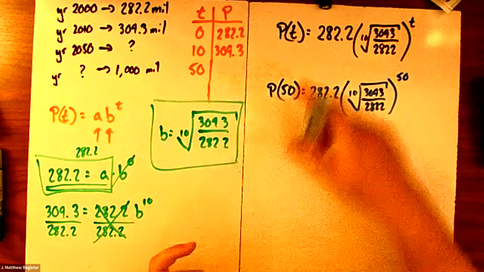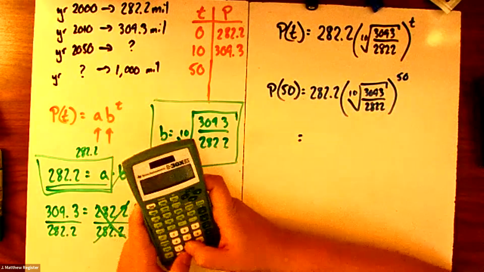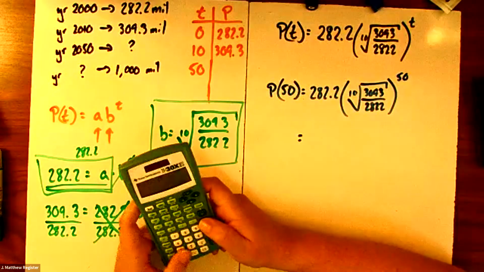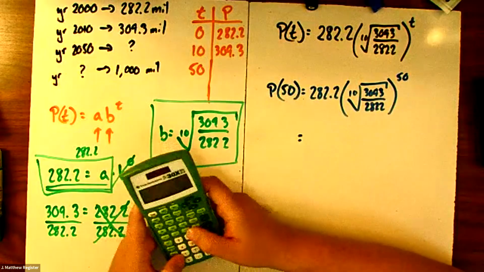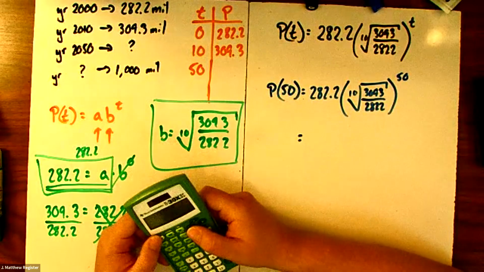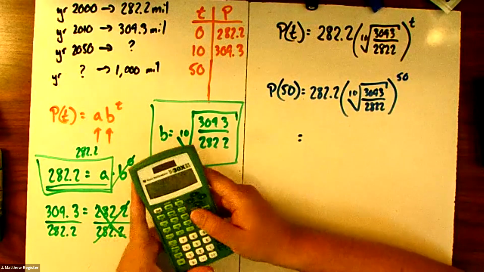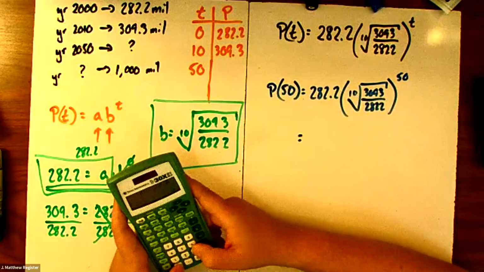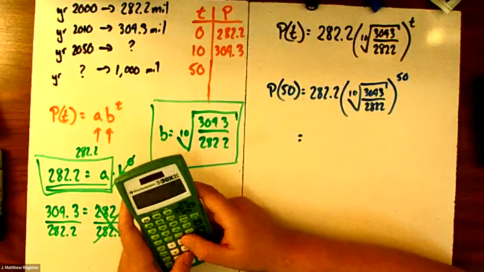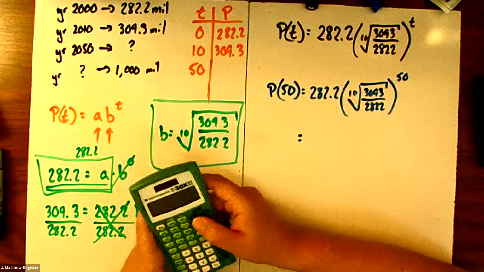And now we can plug it in and get a good approximation. And so 282.2 times the 10th root, and I want to do the x root, so 10th root of 3093 divided by 2822 to the 50th power.